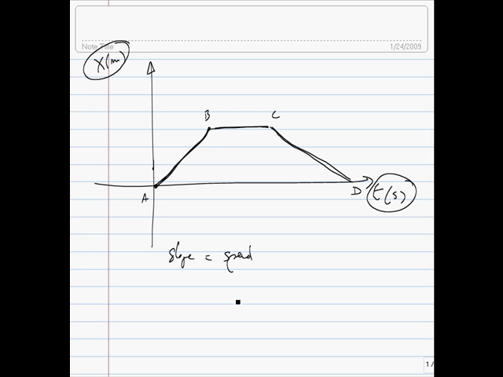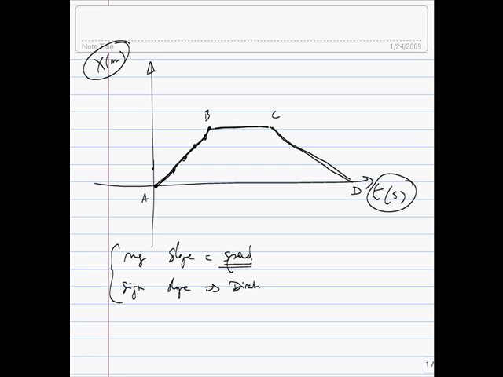So I know that the magnitude of the slope refers to the speed, and the sign of the slope refers to the direction. So from A to B, I seem to be increasing my position to higher values.